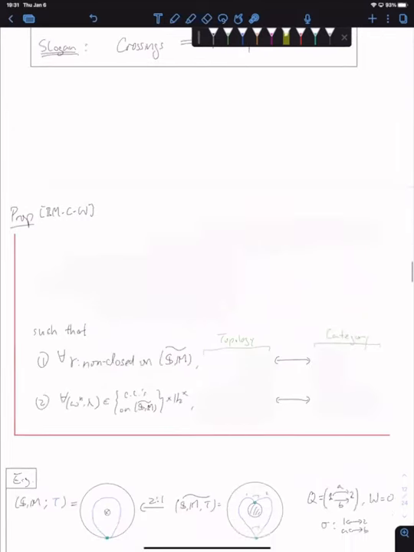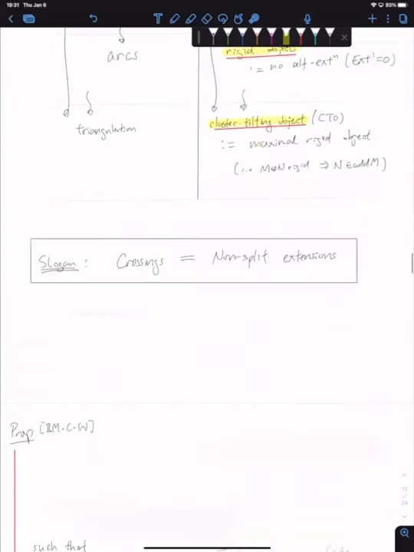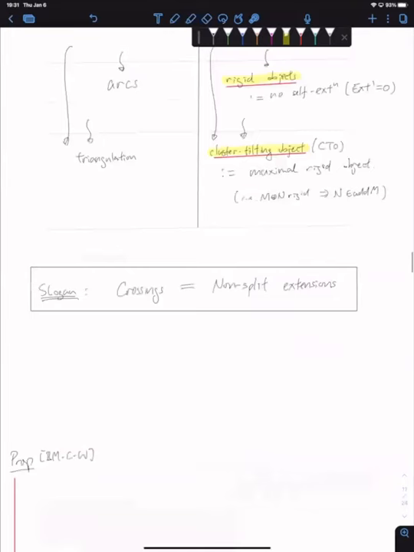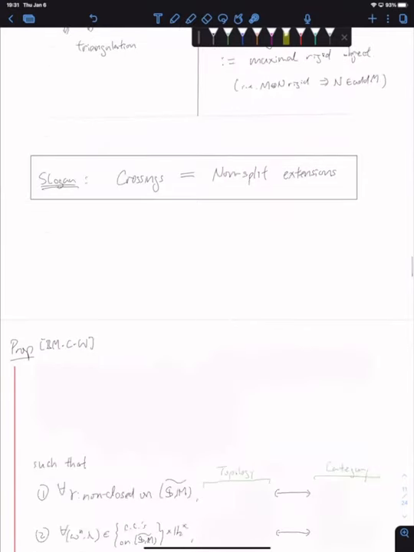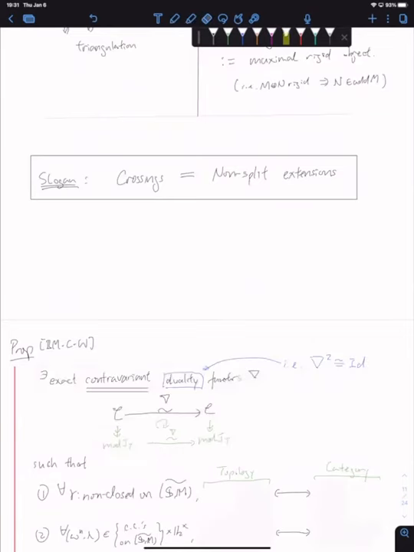And then, using this, we want to think about how we work with the non-orientable case. Well, we have this distinguished involution on the gentle QP, so we want to make use of it categorically. If you think about how this works in general, then you can easily come up with a functor, an exact contravariant functor, which is a duality functor, meaning that it squares to the identity functor.